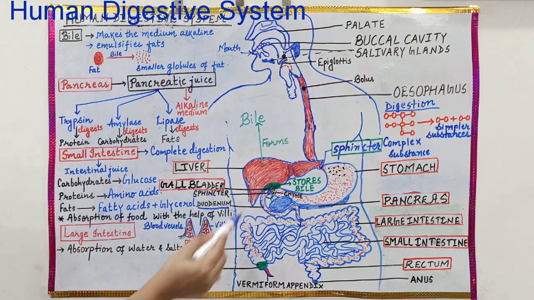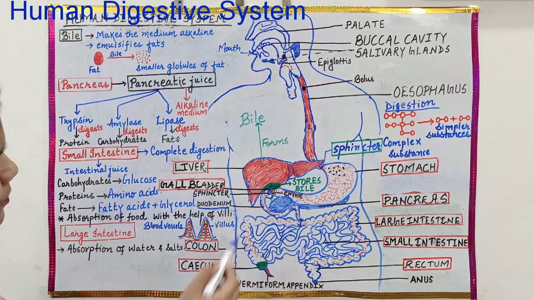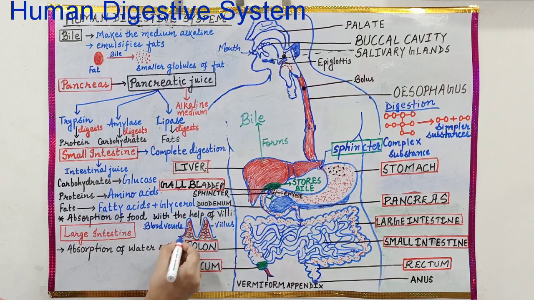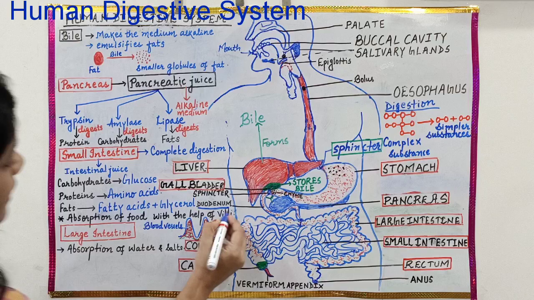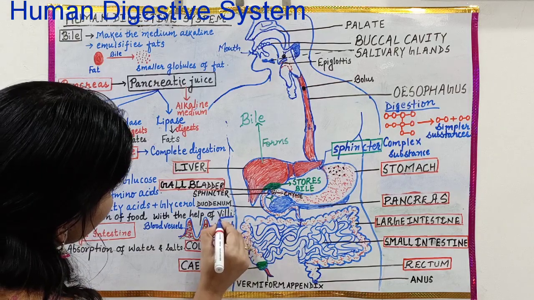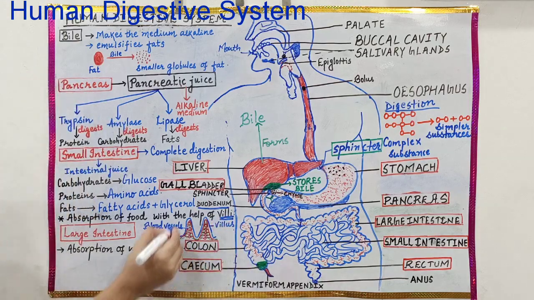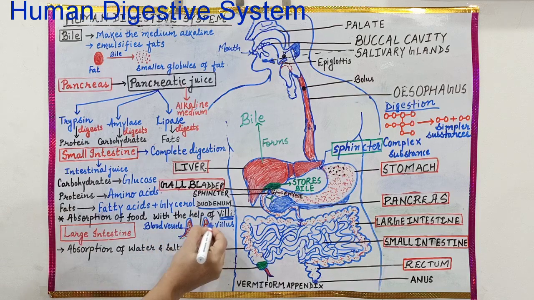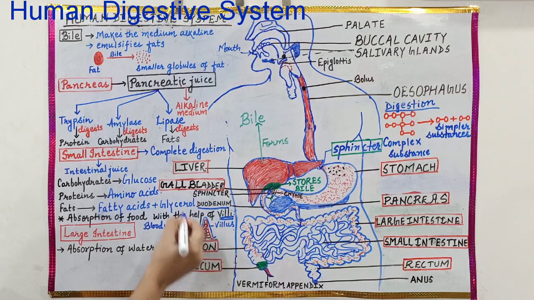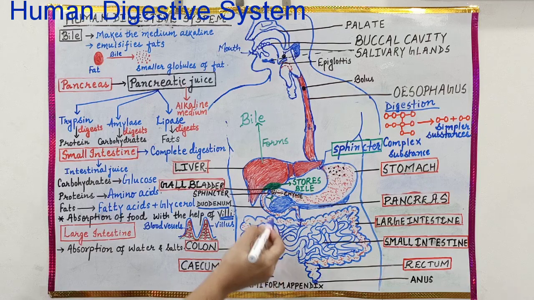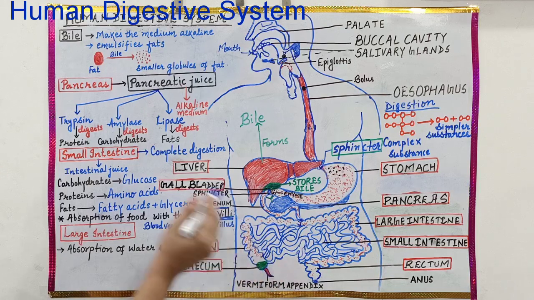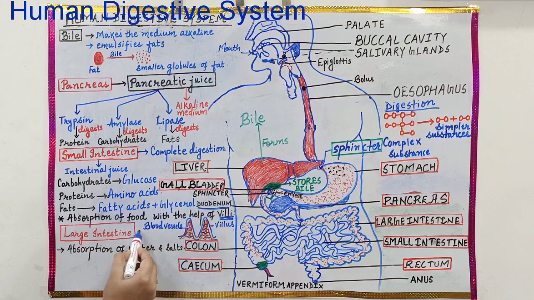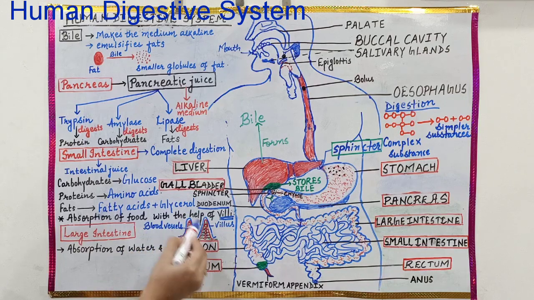To help in absorption, the small intestine is provided with many finger-like projections called villi. These villi increase the surface area of the small intestine. Apart from that, they are provided with a large number of blood vessels close to the surface, which help in the absorption of food.